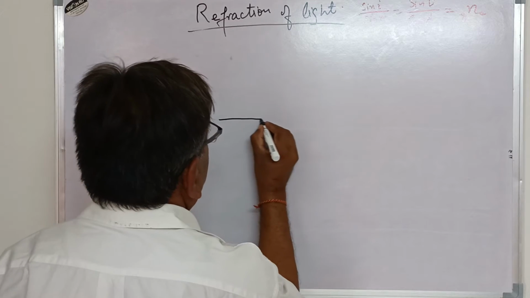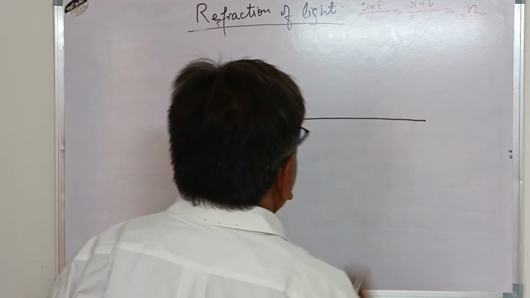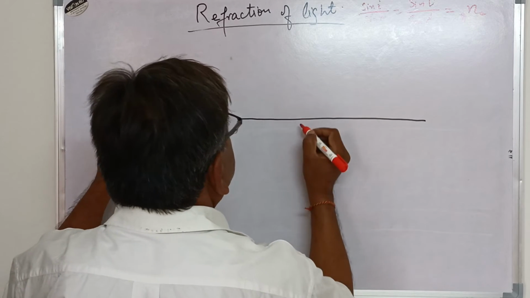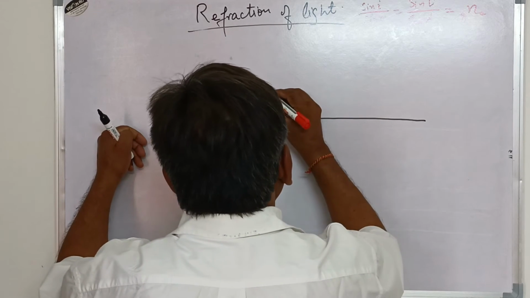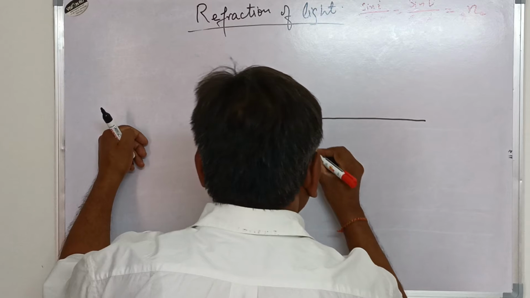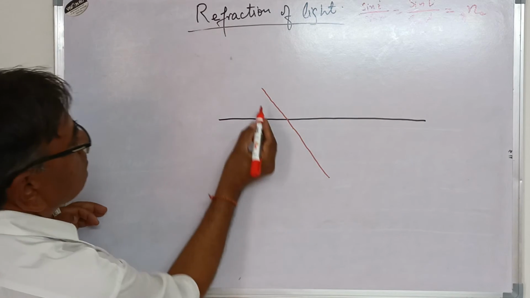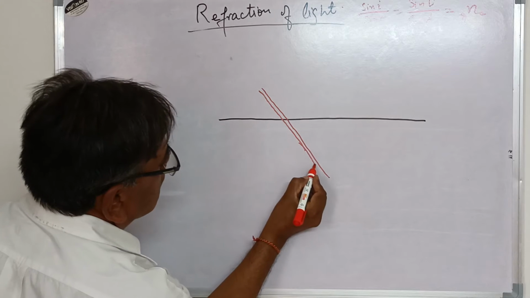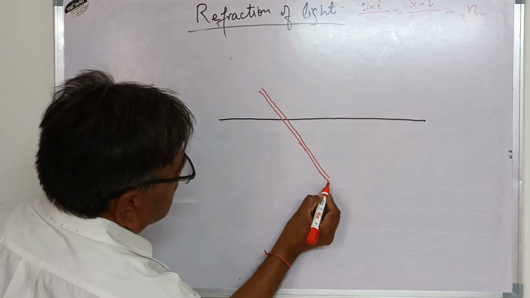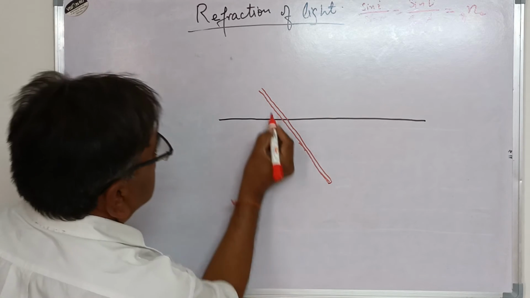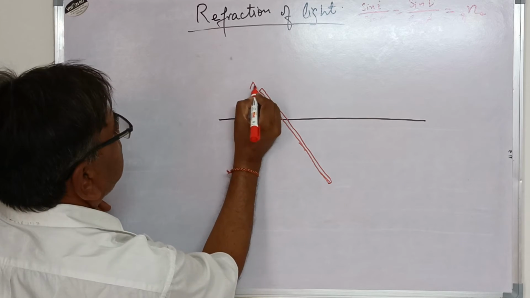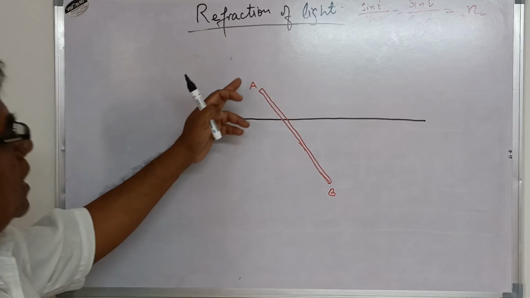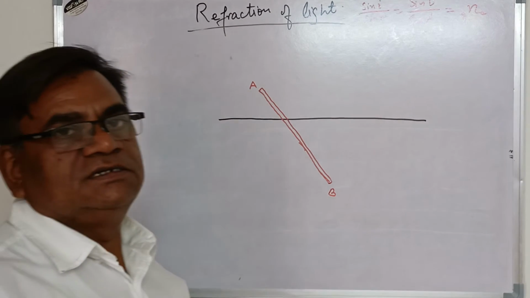Let this be the water surface, and let this be a stick AB. This is the actual position of the stick.